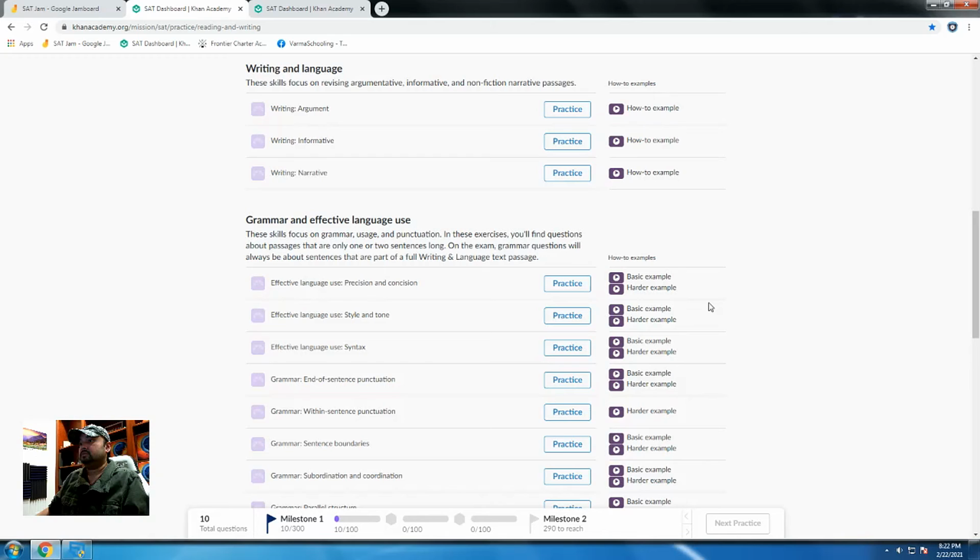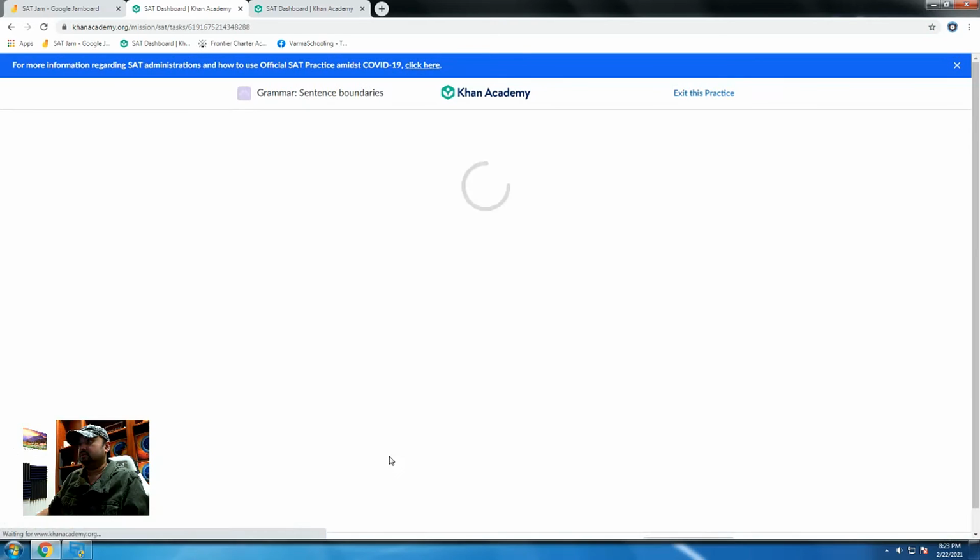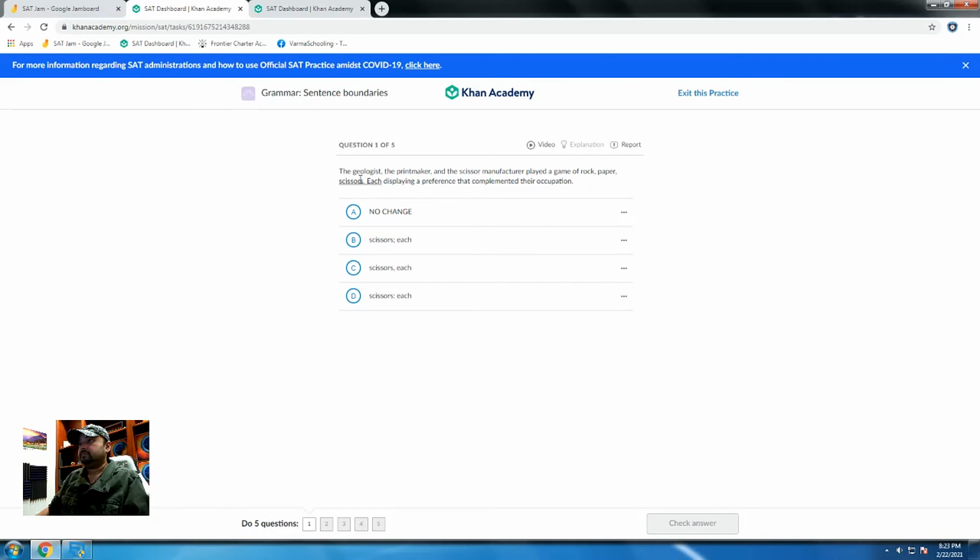Let's do some more of these punctuation ones. The geologist, the printmaker, and the scissor manufacturer played a game of rock, paper, scissors, each displaying a preference that complemented their occupation. The geologist, the printmaker, and the scissor manufacturer played a game of rock, paper, scissors.